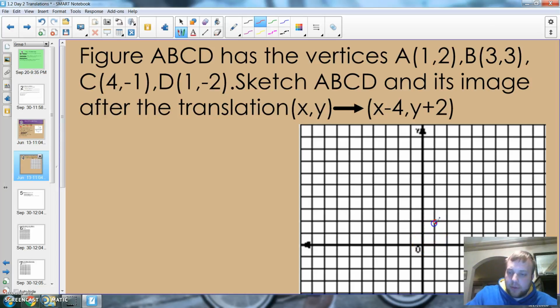All right, we're going to call this A, and I label them off. Yep, there we go. And B is located at 3, 3. That's B. And then I go to 4, -1.